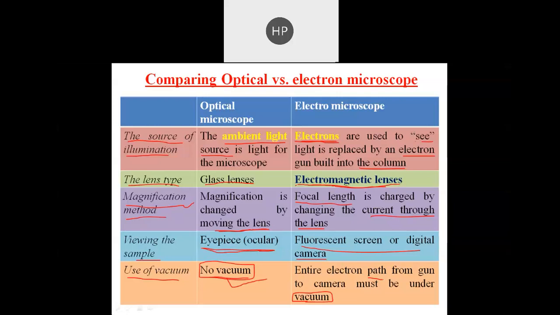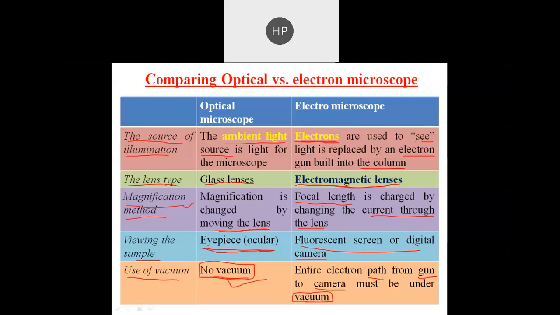So the electrons must pass through the particular path without any deflection, and that is possible if there are no obstacles in that path. And how can we make that path free of obstacles? If it is a vacuum. So that's why in an electron microscope the entire electron path, from the gun, what the gun is and why it is used we will see, but the gun is the starting point, to the camera, the end point.